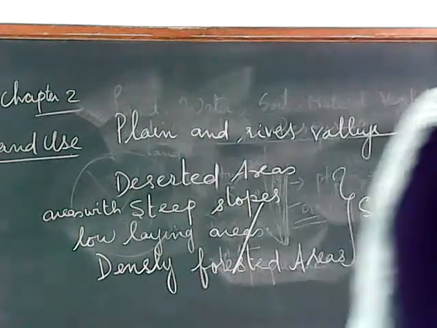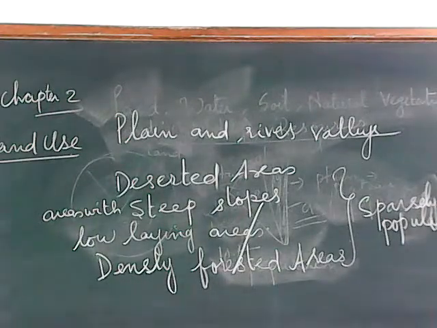Now you tell me, out of these, how many are European countries? This table is given. Ten countries are there. How many are European countries? Everyone, turn on your video.